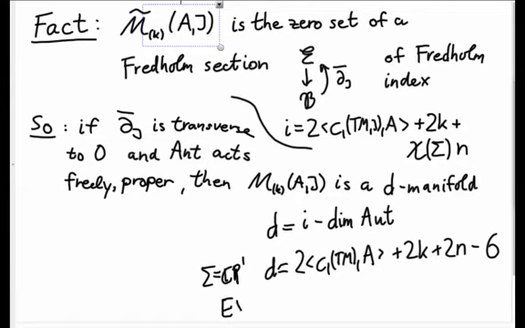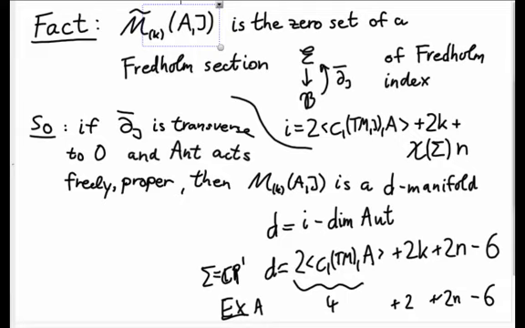So in the example, this is a 4 here. Let me actually add a marked point here, right? So I have a marked point plus 2, then I have 2n extra, minus 6. So I actually get exactly 2n.